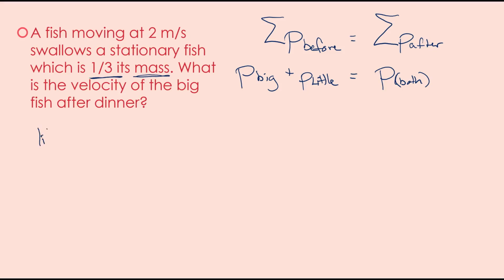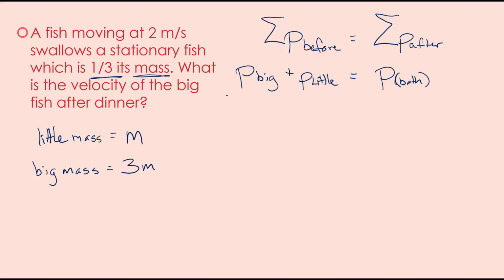So if we say that the little fish has a mass of m, that means the big fish has a mass of 3 times that, 3m. So we'll just use those letters and we'll see what happens.